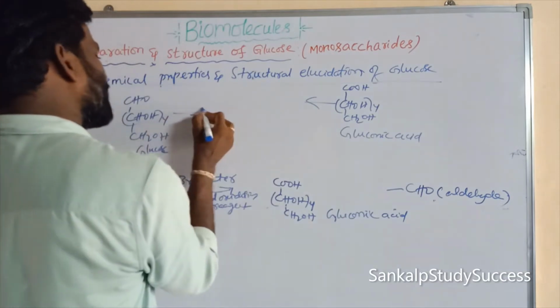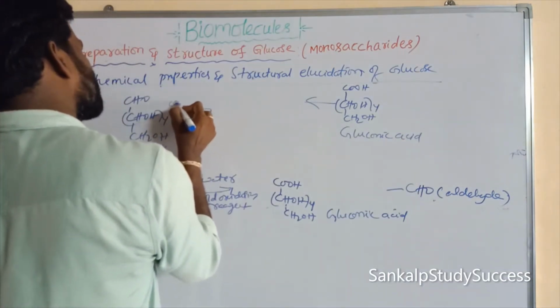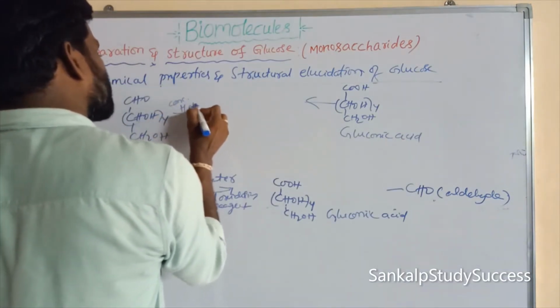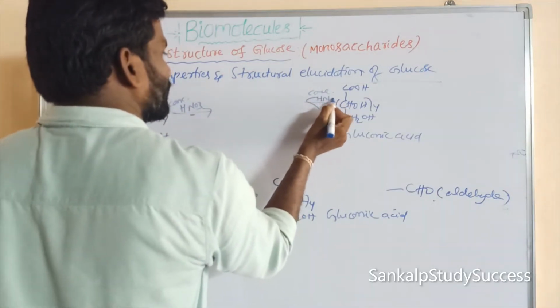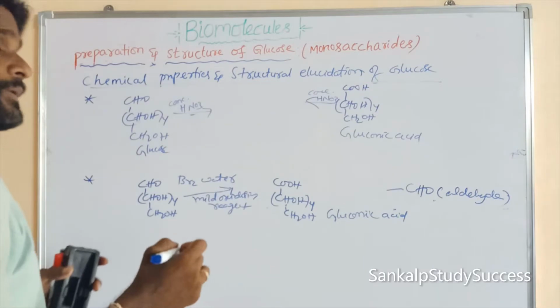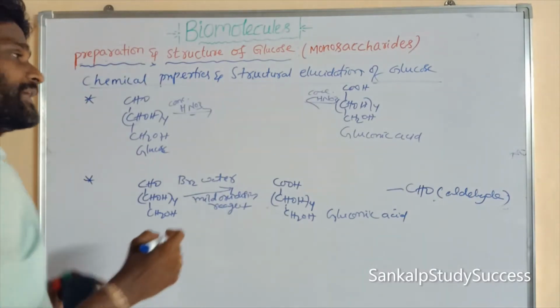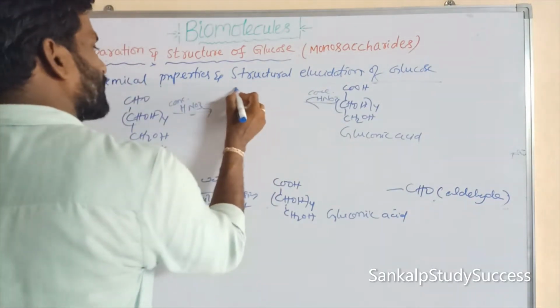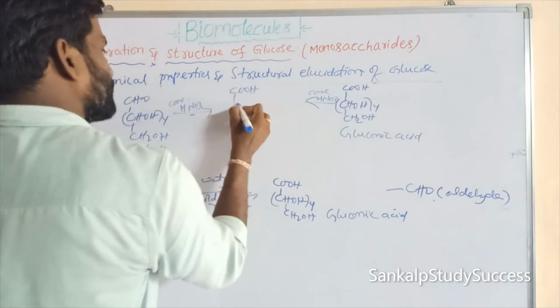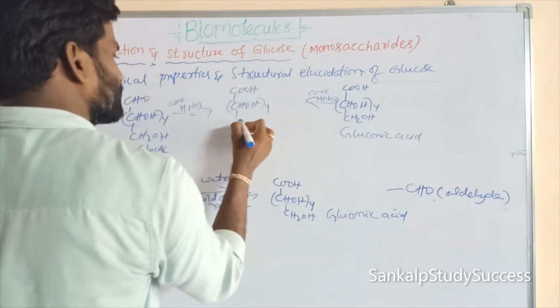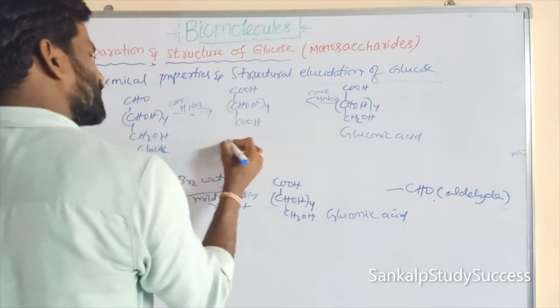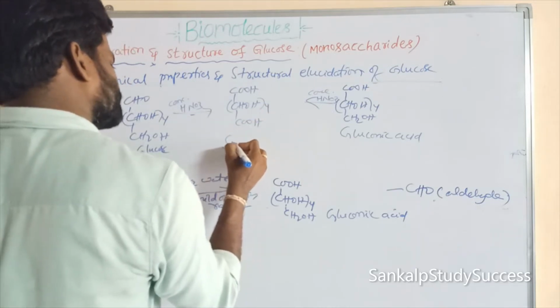So both are oxidized with concentrated HNO3 and give a 6-membered dicarboxylic acid. Its structure is similar to this, and it is said to be saccharic acid.